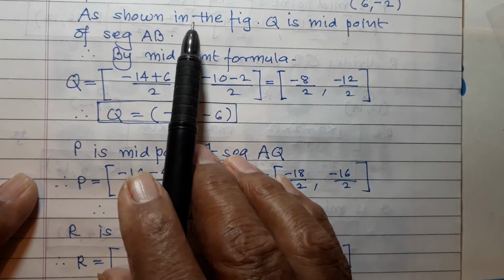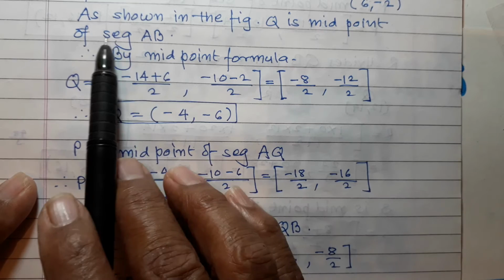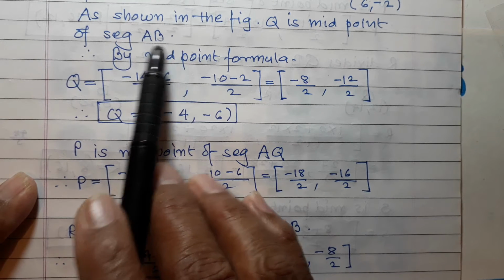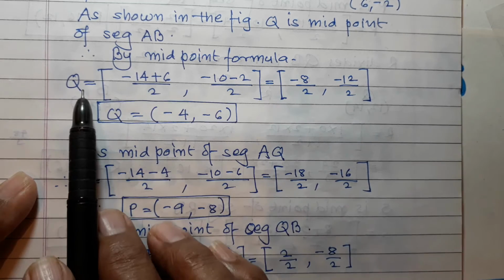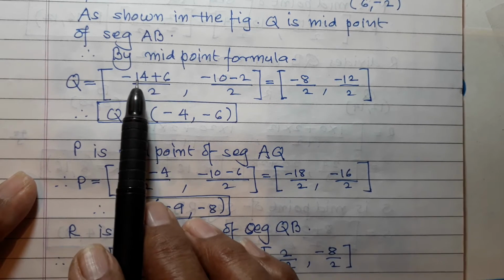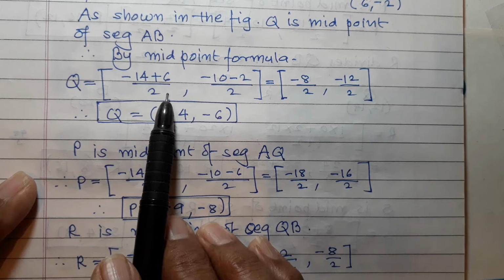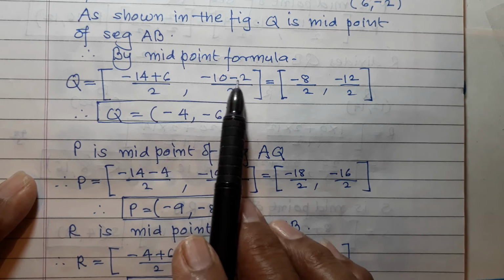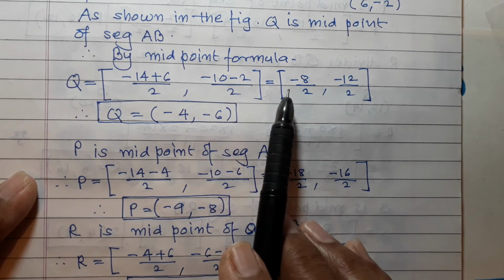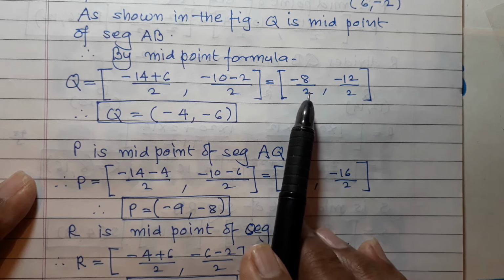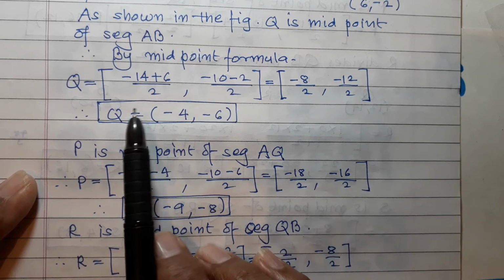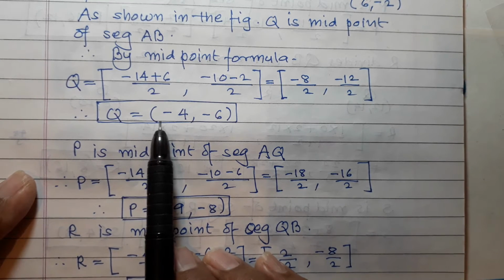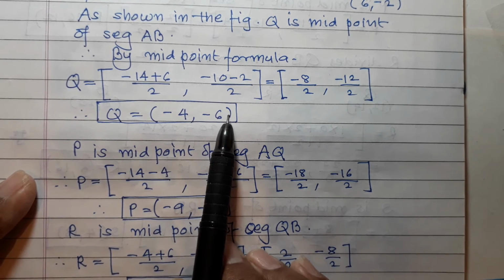As shown in the figure, Q is the midpoint of seg AB and therefore by midpoint formula, Q is equal to ((-14 + 6)/2, (-10 - 2)/2) is equal to (-8/2, -12/2), and therefore Q is equal to (-4, -6).